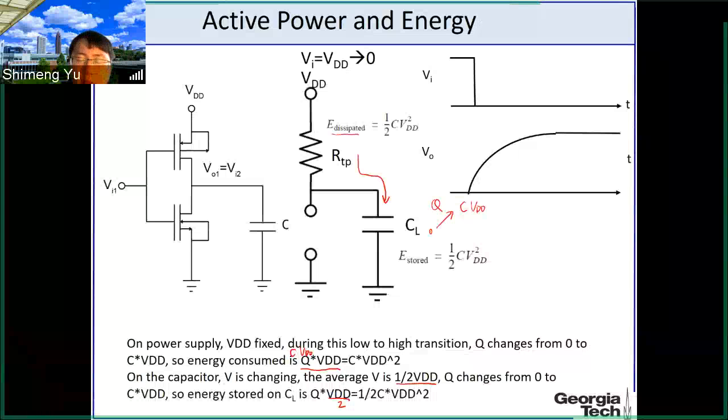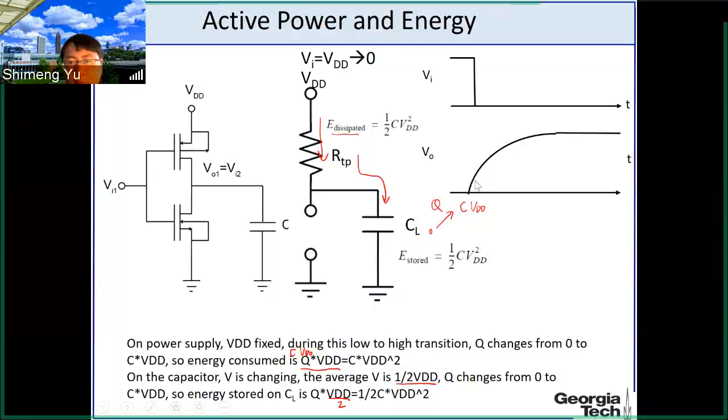It is dissipated. During this process, you have current flowing through the PMOS transistor. If you think of this as a resistor, you have current flowing through a resistor, so you are burning power there as heat, like Joule heating.